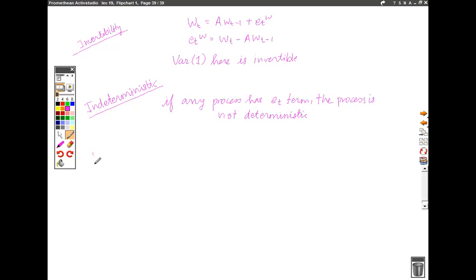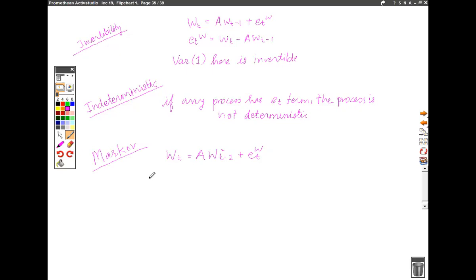And the last property that we'll have a look at is Markov. So can I say that my random variable WT here is a Markov process? Yes, right, because WT is fully determined if I know the value of WT minus 1.